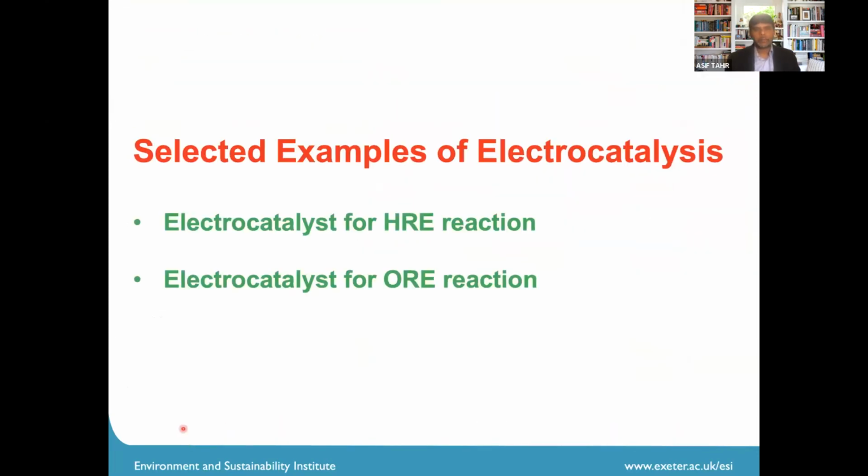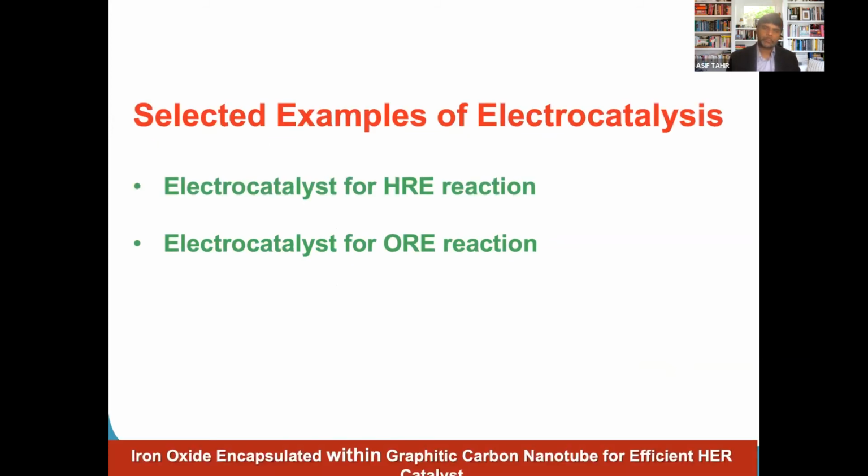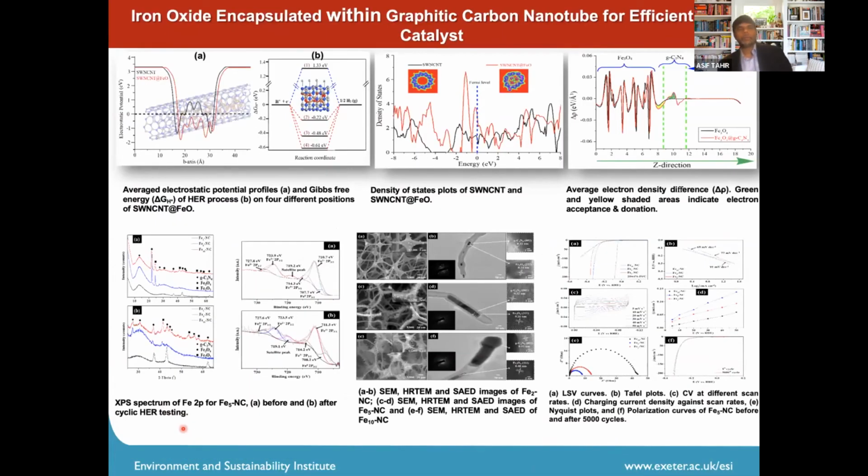So here are some selected examples of hydrogen evolution reaction and oxygen evolution reaction. First is iron oxide encapsulated within graphitic carbon nanotubes for an efficient hydrogen evolution catalyst.